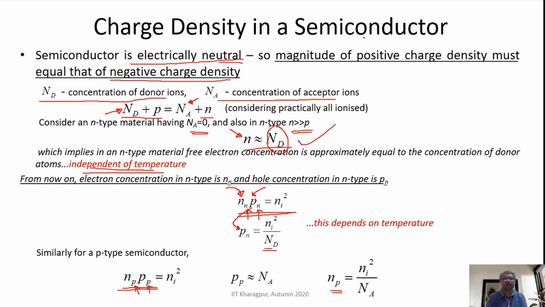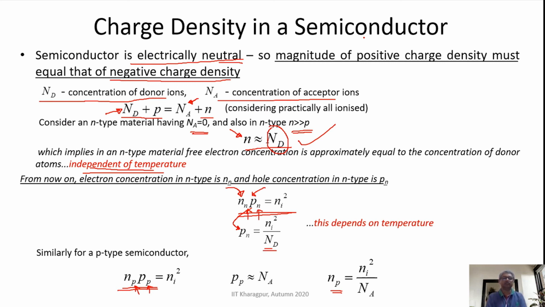It is of the order of around 10 to the power 10 per centimeter cube in case of silicon, and that is not good enough to have a large amount of current. So what we do, we dope or incorporate impurity using a process known as diffusion. Also you can use ion implantation to realize extrinsic semiconductor.